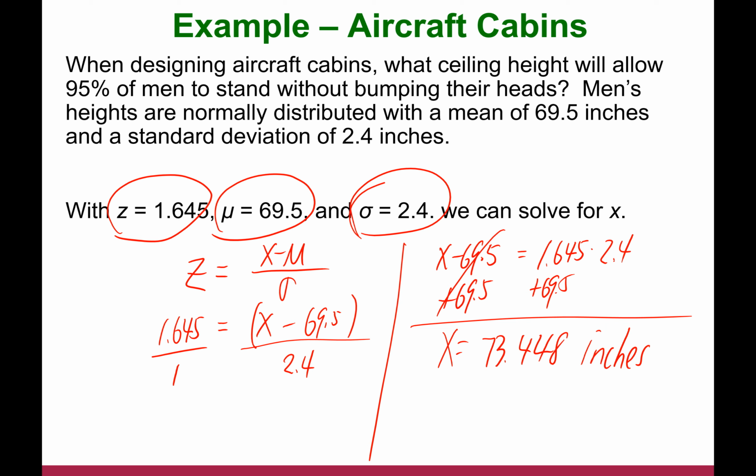And this is the cutoff height to separate the bottom 95% from top 5%. Meaning if a man's height is below 73.448 inches, he will fit in the aircraft cabins. Okay.